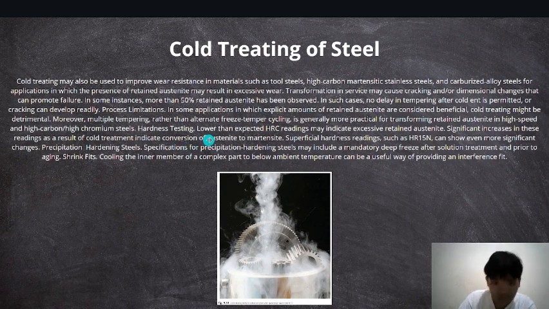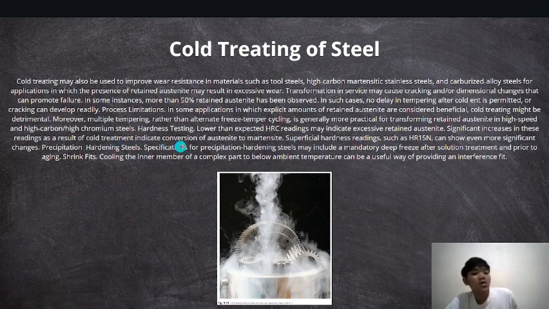Rockwell testing lower than expected, or higher readings, may indicate excessive retained austenite. A significant increase in the readings as a result of the treatment indicates conversion of austenite to martensite.